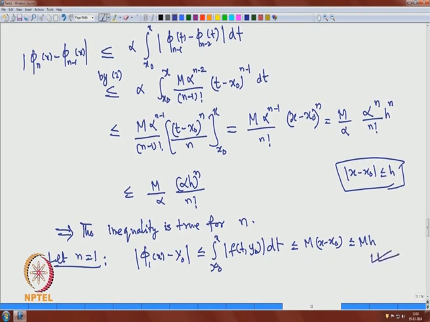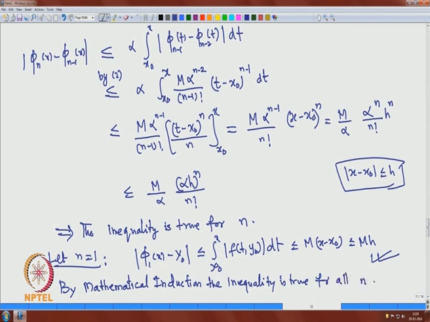So, therefore, by mathematical induction, the inequality is true for all n. So, therefore, this proves part B.